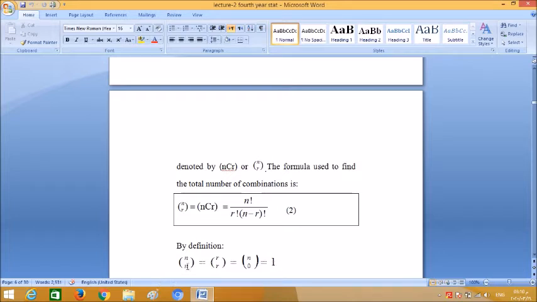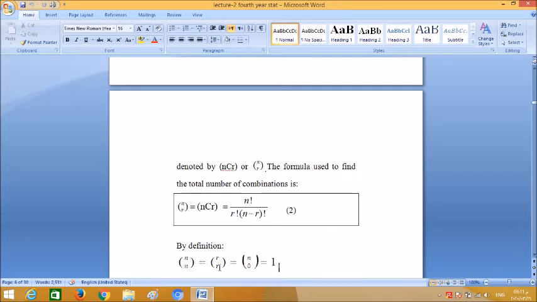Here we say that if you select N from N, this represents only one selection. All N from all N. This is one way. There is no other way. One way.